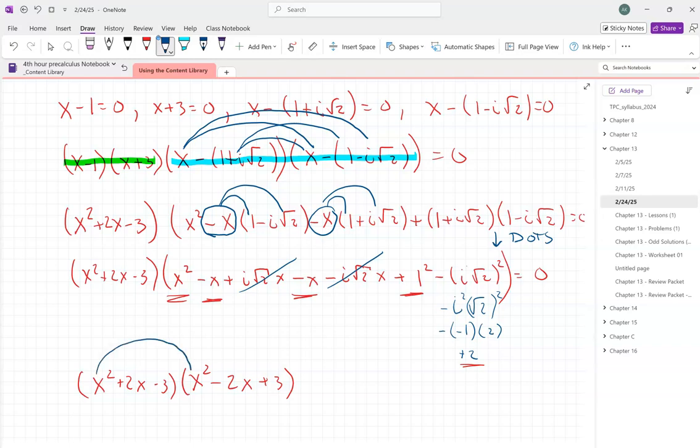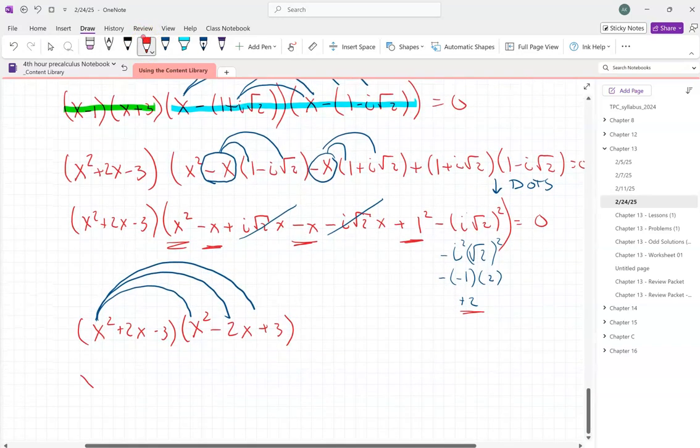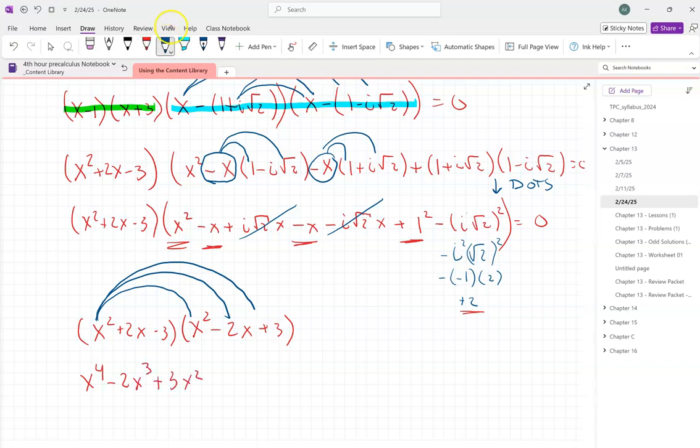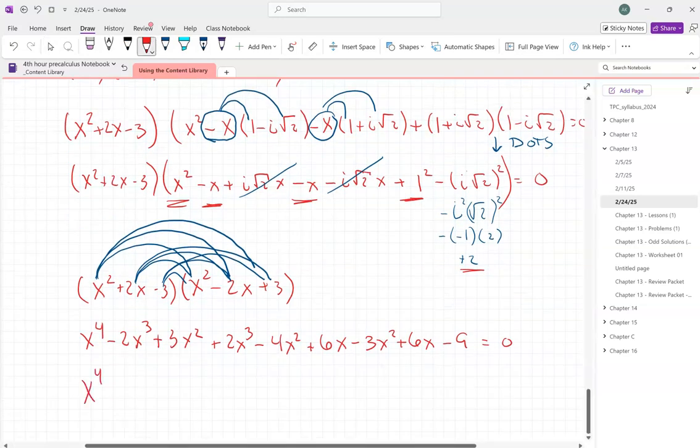And now I'm going to FOIL this out. And now if we combine our like terms, I have just the x to the 4th.